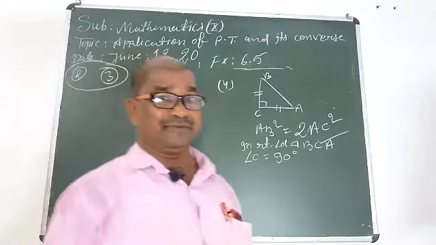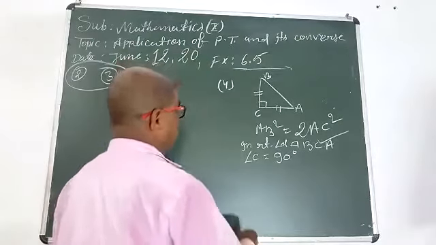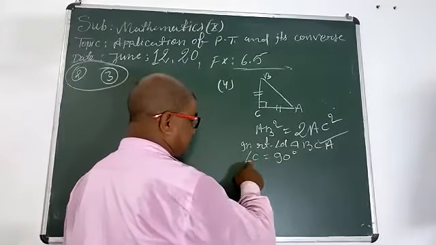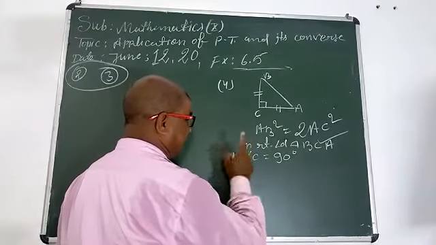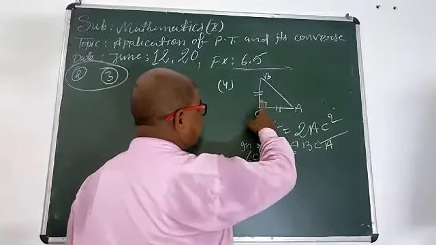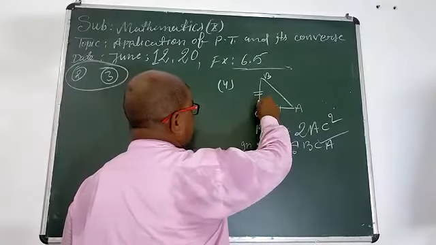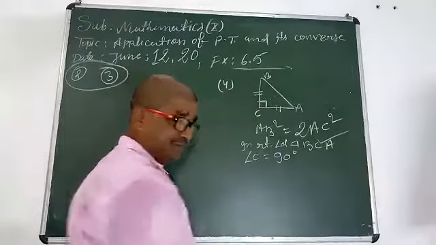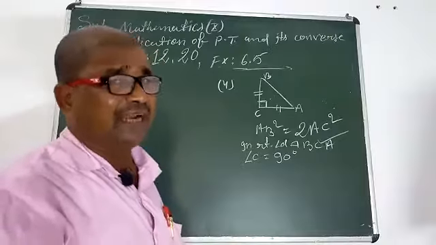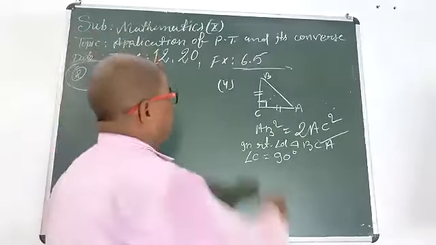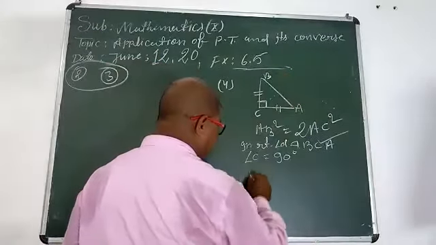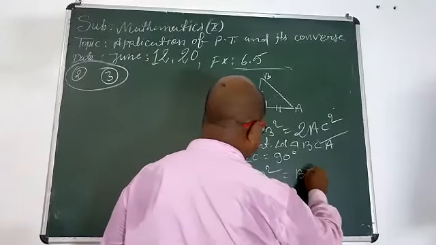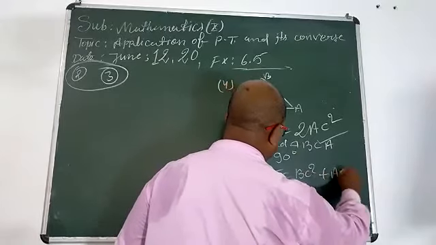This is directly related to Pythagoras. Because angle C is 90 degrees, you should check the side opposite the right angle. The opposite side of the right angle is the hypotenuse, so you should write AB square equal to BC square plus AC square.